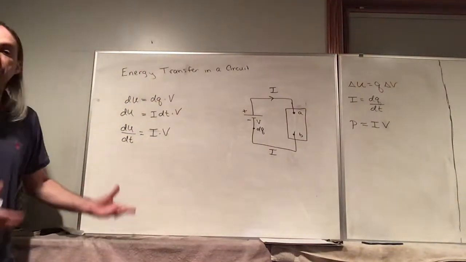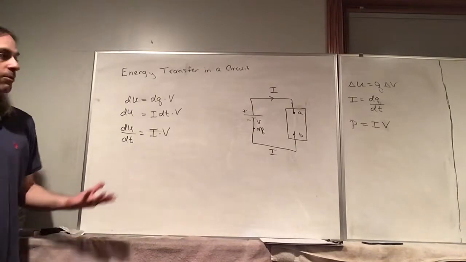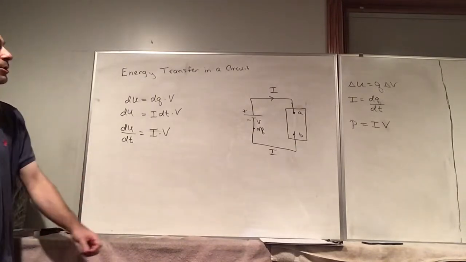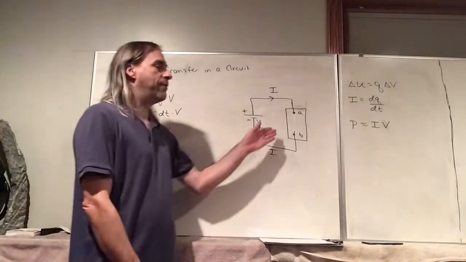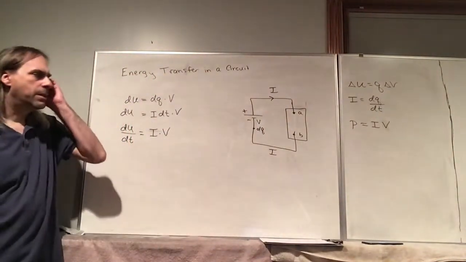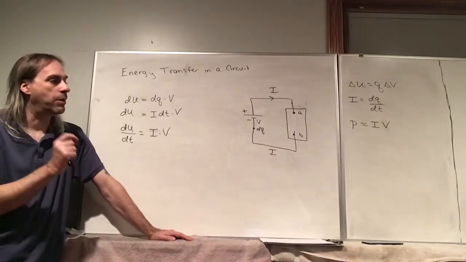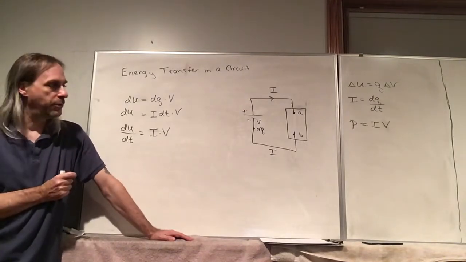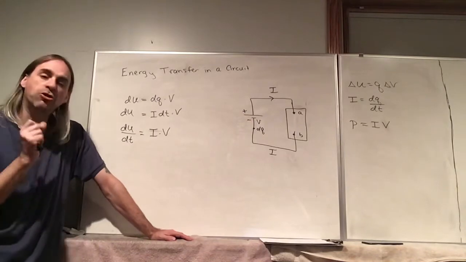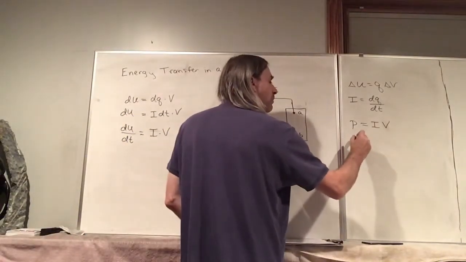Maybe it doesn't even have a monitor, but the computer could be doing calculations. There's a lot going on inside a computer that's using energy. You could have an electric motor, which is turning this into mechanical energy. So, a very general result: power is current times voltage. Now, a special case, though, is if we have a resistor.